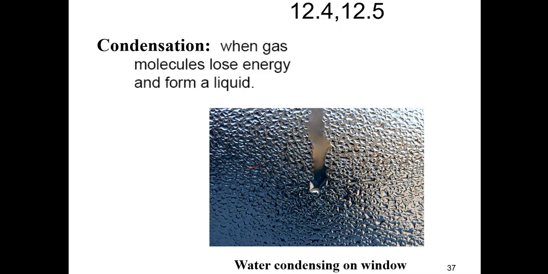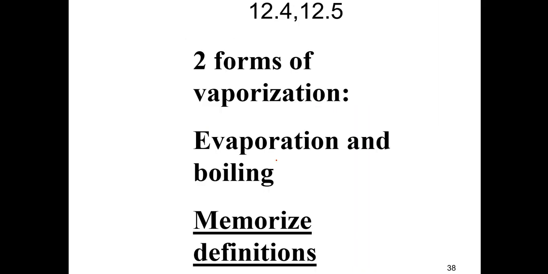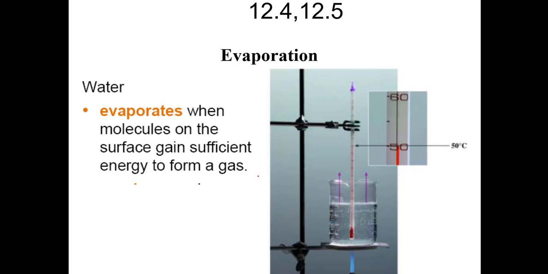condensation. So if you ever blow on a mirror and you see liquid form, that's because hot gas from your breath forms liquid on the surface, and they call that condensation. Now, vaporization is when we're going to go from a liquid to a gas, and there's 2 types, evaporation and boiling.